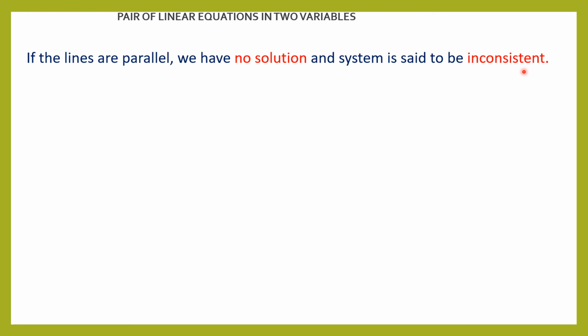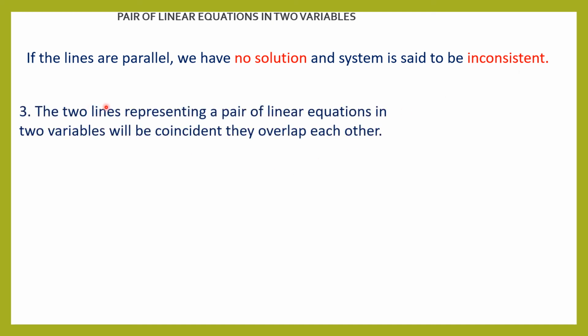Intersecting lines are over, parallel lines are over. And the third one: the two lines representing a pair of linear equations in two variables will be coincident. They overlap each other. Coincident lines are overlapping lines. In the picture, both lines are coincident with each other.